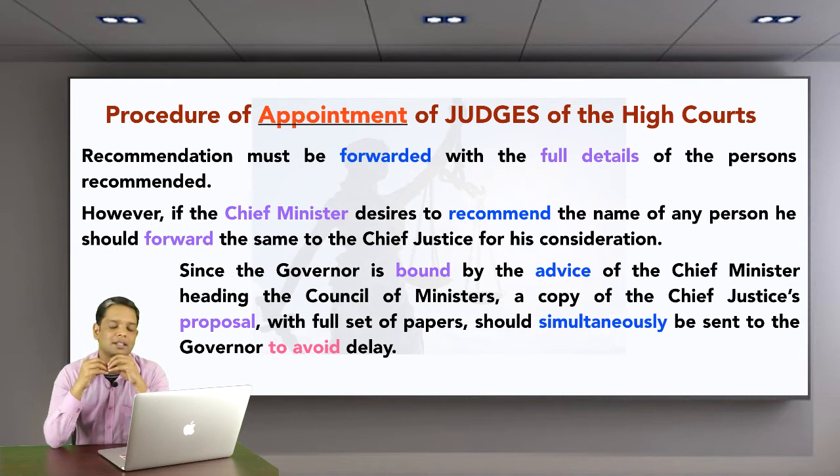This provision is simply saying that at the time the Chief Justice sends his recommendation to the Chief Minister, at the same time he also needs to send the same proposal to the Governor of that state, so that delay can be avoided, because the Governor's view is also important.